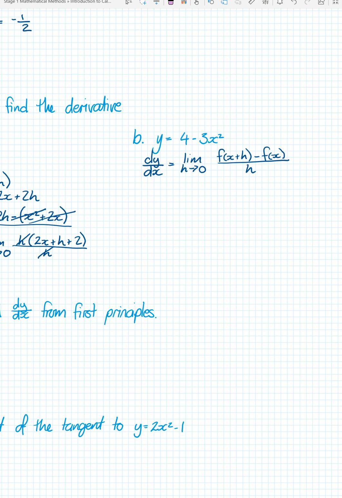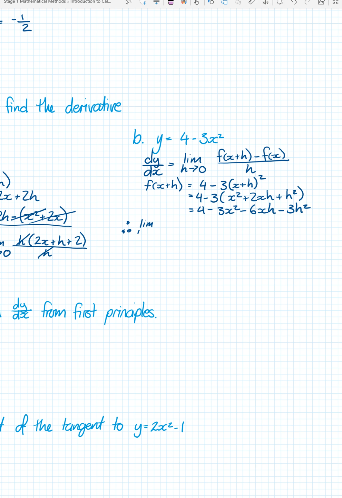So we still have to know the function at x plus h, which will be equal to 4 minus 3 multiplied by (x plus h) squared, which equals 4 minus 3(x squared plus 2xh plus h squared), which is 4 minus 3x squared minus 6xh minus 3h squared.